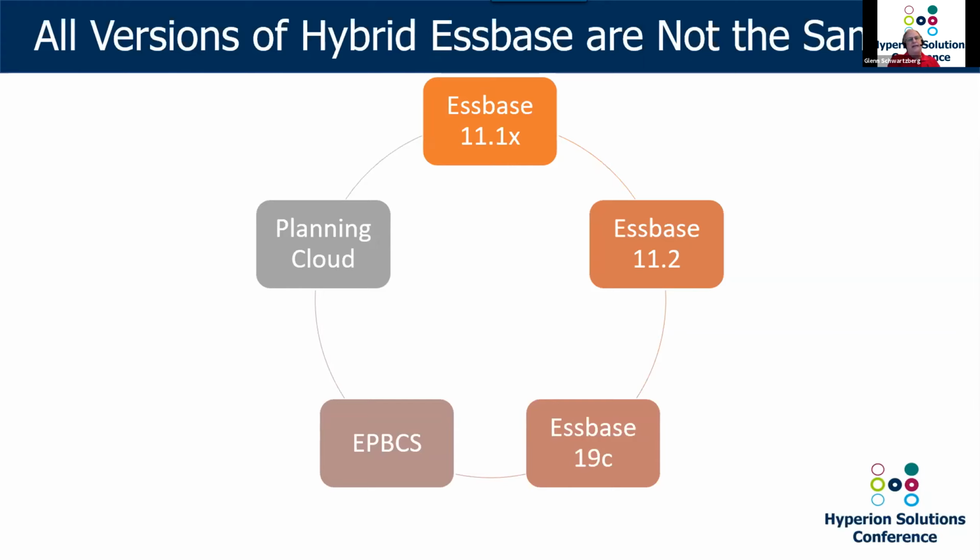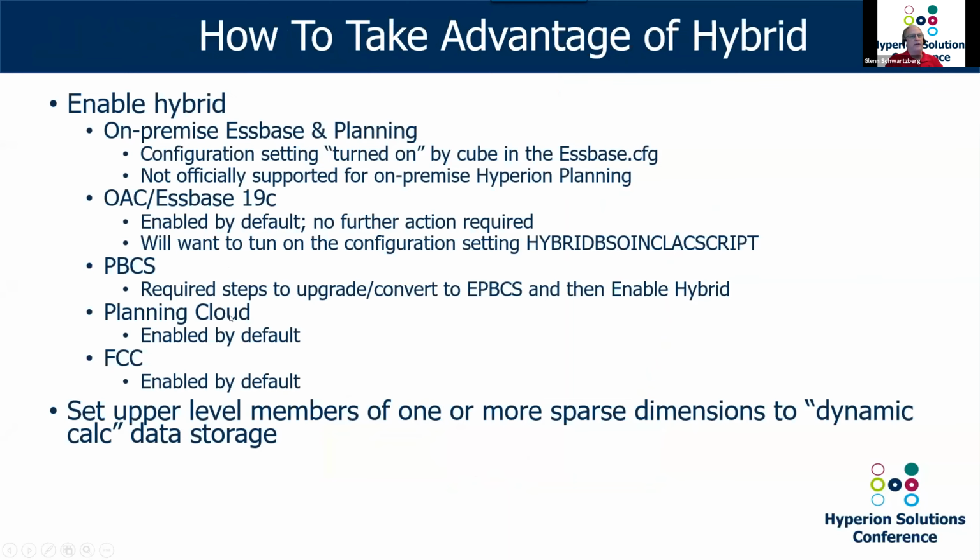In Essbase 19C, it has an even more advanced hybrid engine where they've added feature and functionality to make it work on more complex calculations. So depending on where you are, there are different things that you have to do to enable it and different feature functionality that you're going to be able to get out of it.